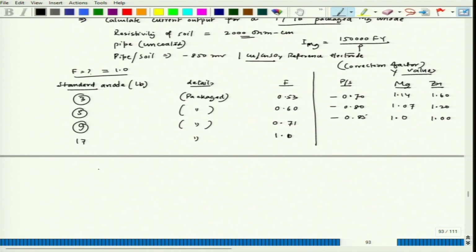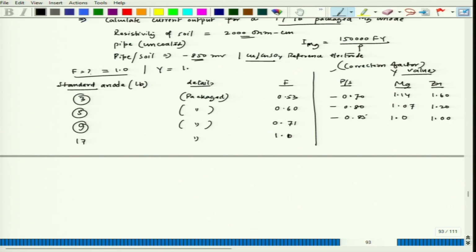Now since it's a packaged magnesium anode, F becomes 1. Y from the table we can find out, since the pipe-to-soil potential is 850 millivolt, or 0.85 volt.